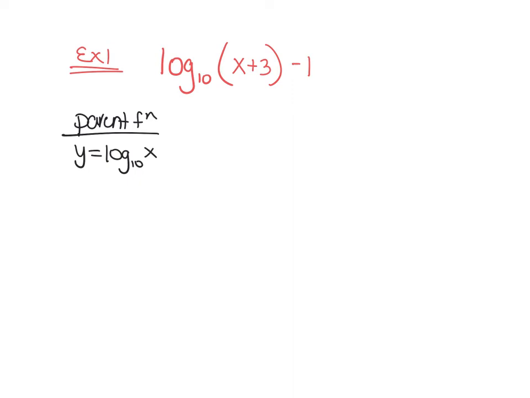Your two points are always (1, 0) and your (base, 1). What we're going to do is transformations to those two points. If you're wondering where those points come from, go back to that first graph where we compared it to the exponential function. If you need to, compare it to 10 to the x and flip-flop your ordered pairs.